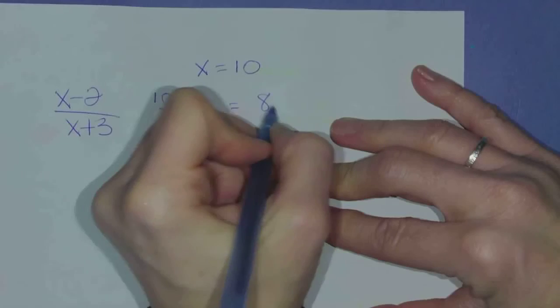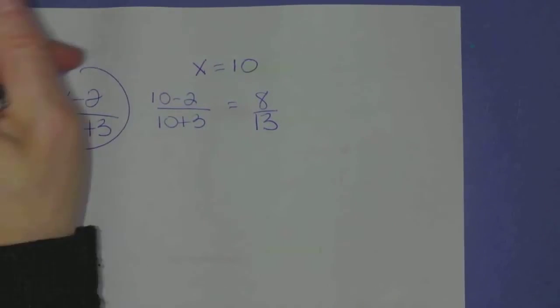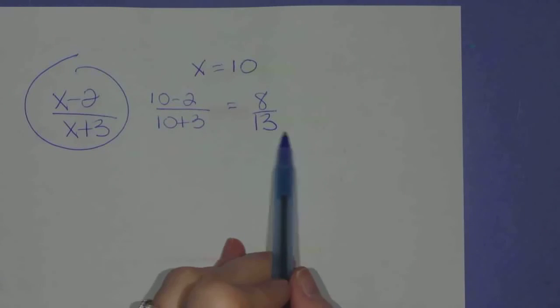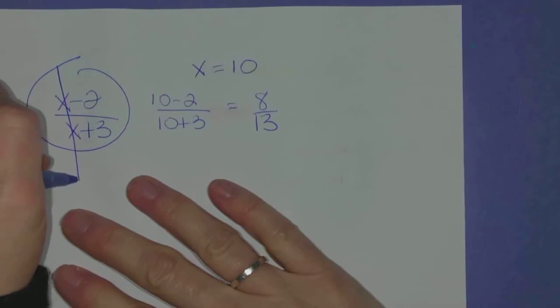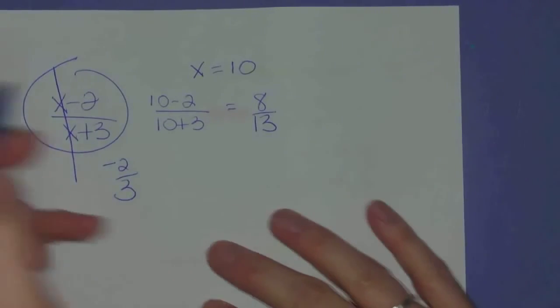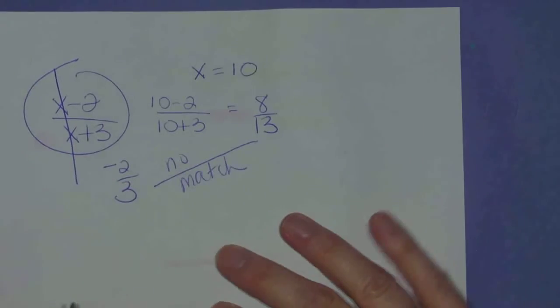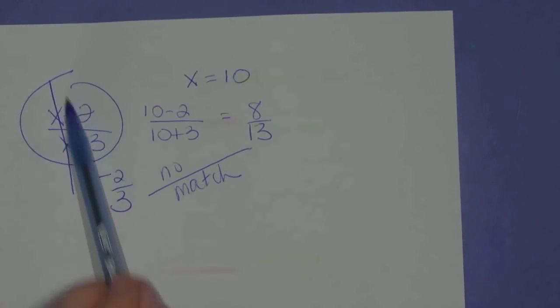And that answer is 8 over 13. So when x is 10, this expression gives me 8/13. Well, if you go canceling these x's out, it looks like the answer is negative 2/3. These don't match. So you cannot cancel these x's out.